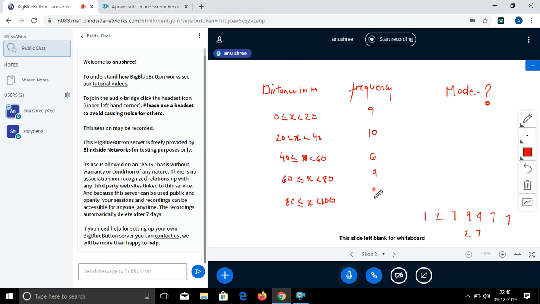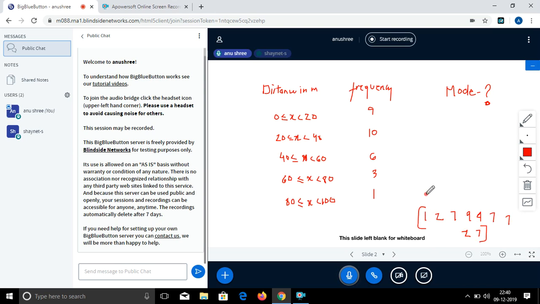You're giving the answer for this, but first give me the answer for this discrete data: 1, 2, 7, 9, 9, 7, 7, 7, 7, 2, 7. Yes, 7, because 7 is repeating itself for the maximum time.